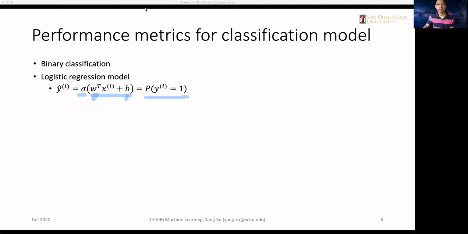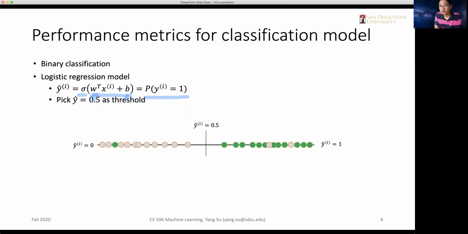Okay, so that is the meaning of the logistic regression model's prediction. All right. So we can pick a threshold, y hat equals 0.5. For any prediction that has a probability greater than 0.5, we say that the prediction is 1. In the other case, we say the prediction is 0.